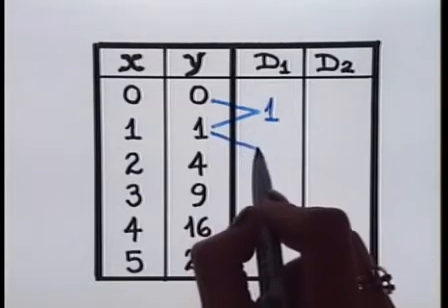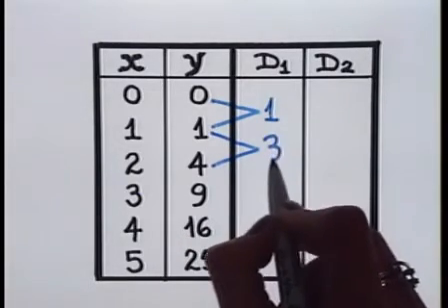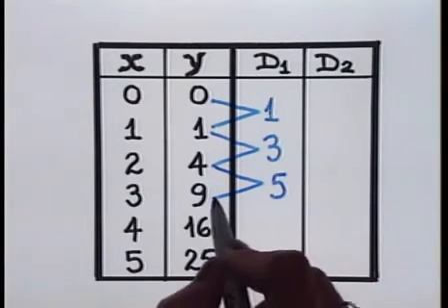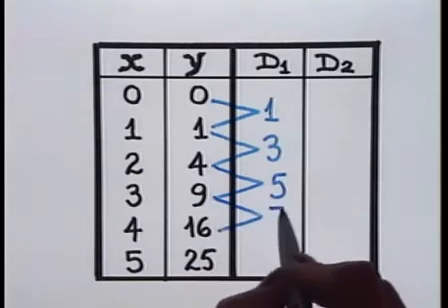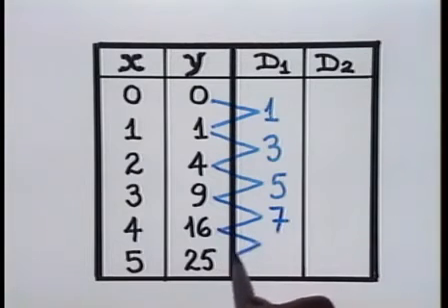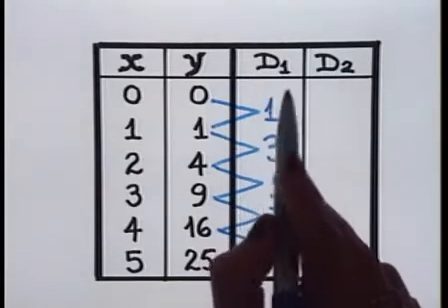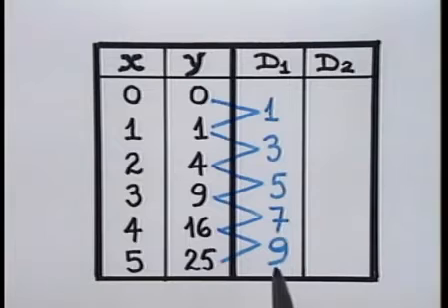The change here is 3. The change here is 5, and from 9 to 16 we have 7, and from 16 to 25 we have 9. We have changing values here. We do not have constant first differences, so this is not a linear function.